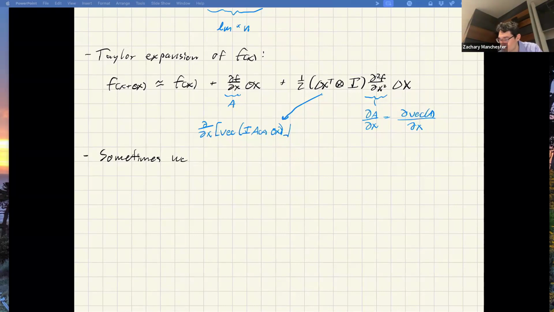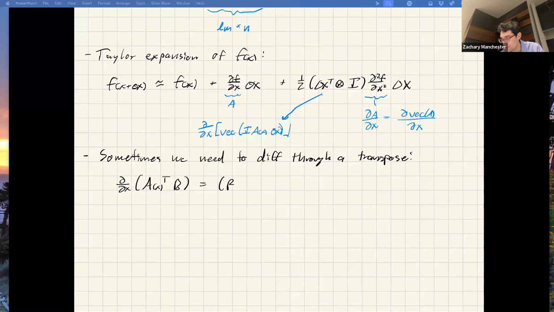That's going to look like, for example, d/dx of A of x transpose B. So this is equal to B transpose Kronecker I times vec of A transpose, right?